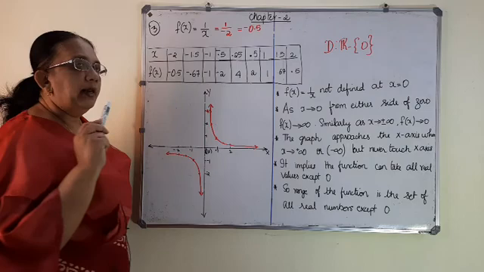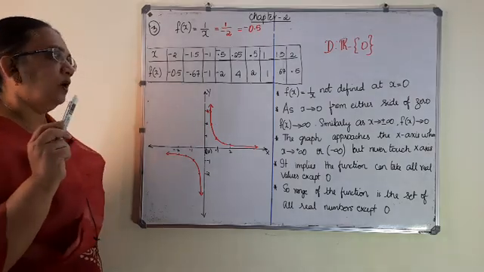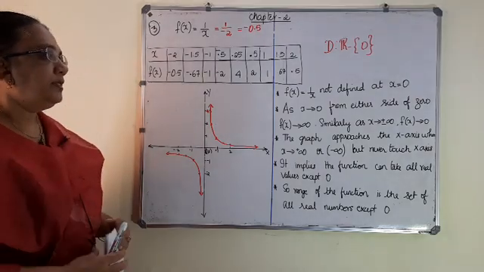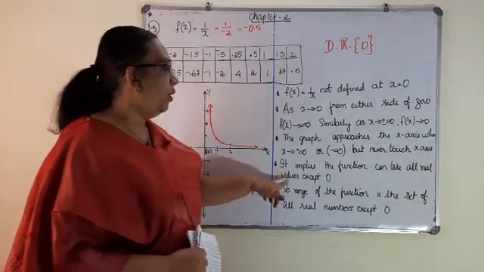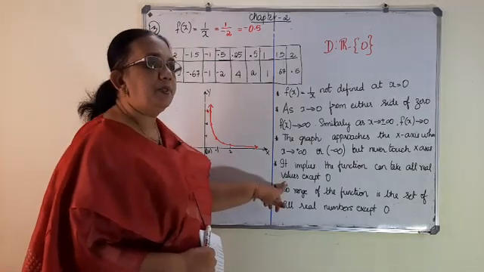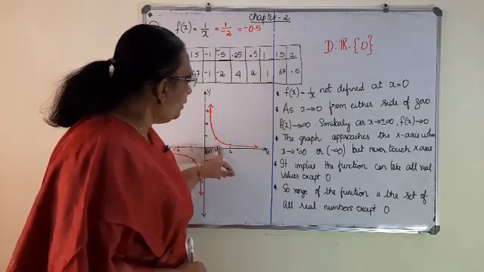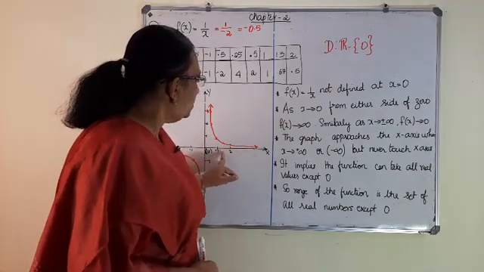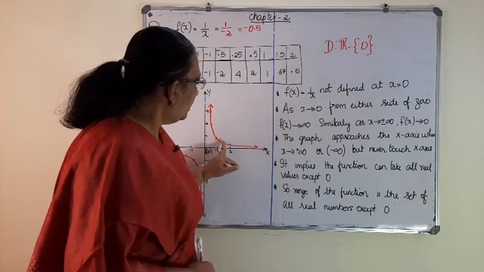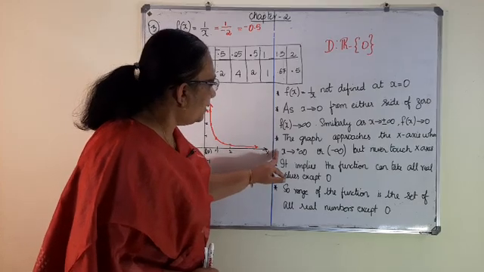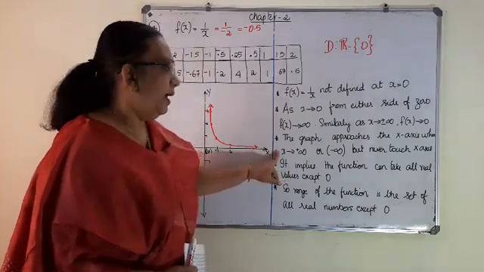Such lines, which you will study in higher classes, are called asymptotes. It implies that the function can take all real values except 0. The graph becomes very, very close to the x-axis, but it never touches it.